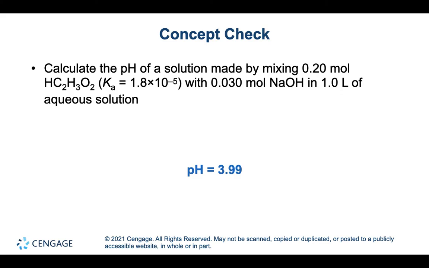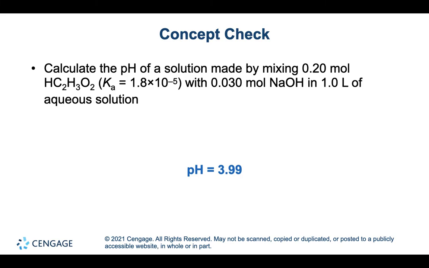My hint would be use the Henderson-Hasselbalch equation because the NaOH will convert your acetic acid to acetate. You have 0.2 moles of acetic acid, 0.03 moles of OH minus. Your stoichiometry is going to be that your OH minus is going to go to 0.